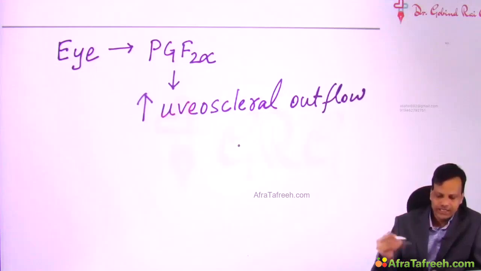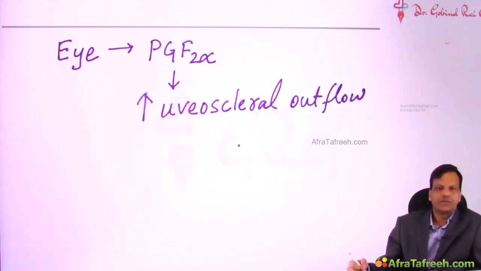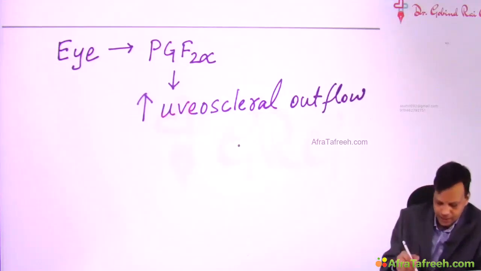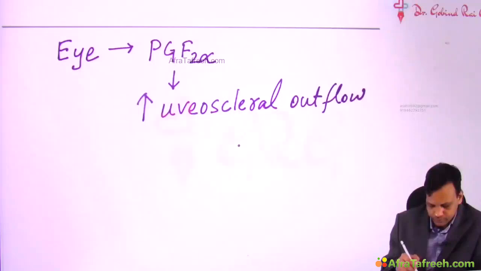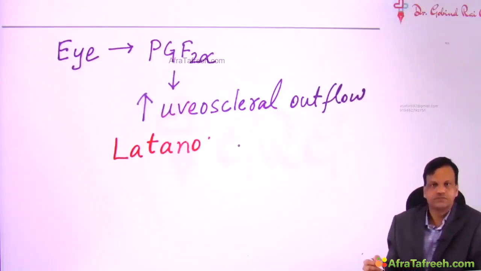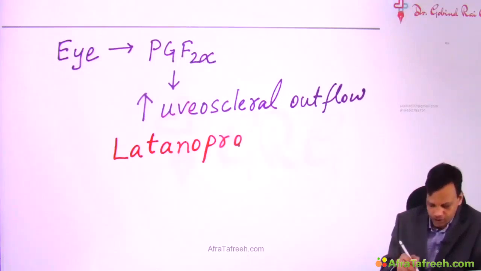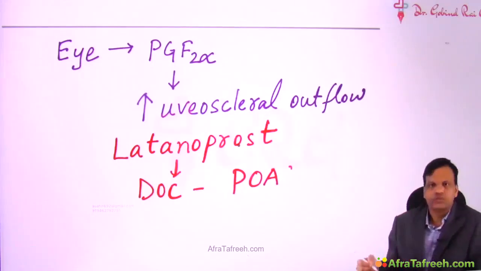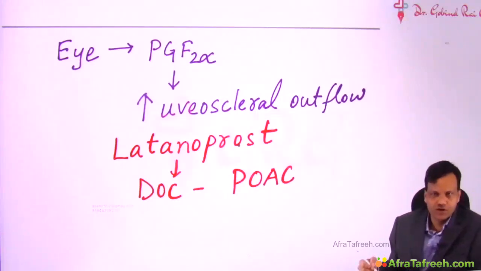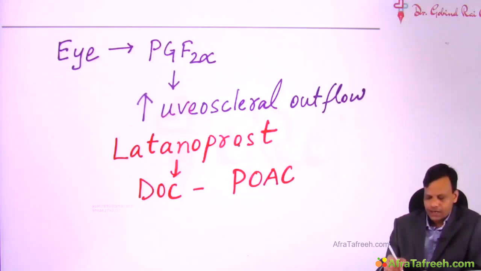So we can utilize PGF2 alpha in treatment of glaucoma. And the drug which is used is latanoprost. In fact, latanoprost is the drug of choice for primary open angle glaucoma now.